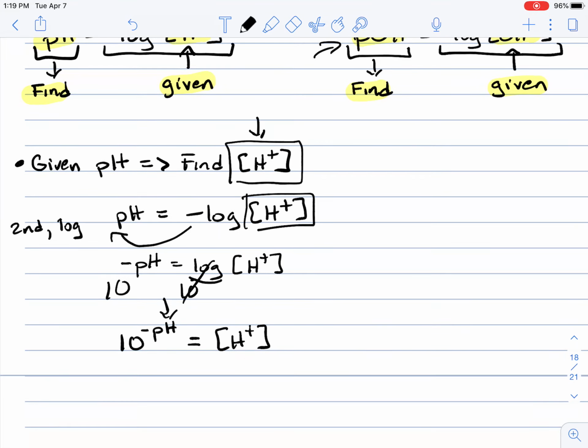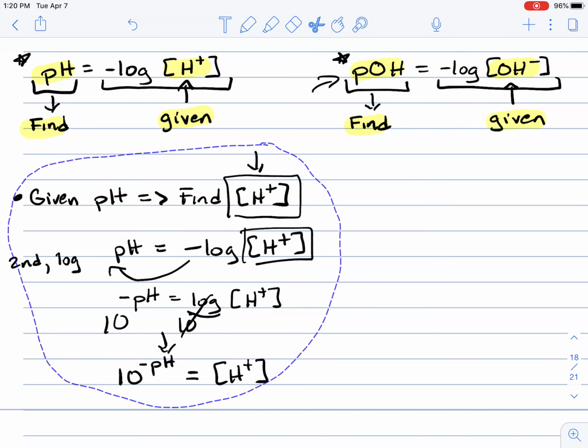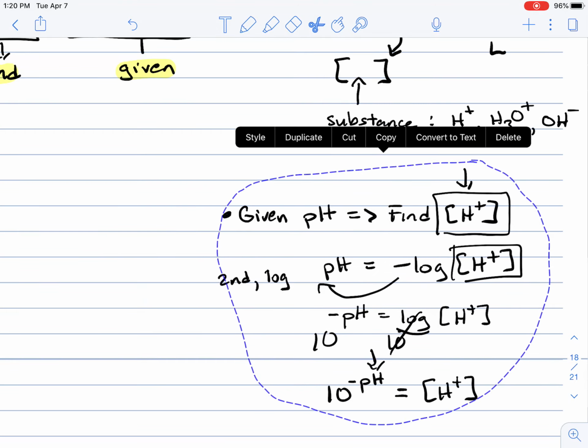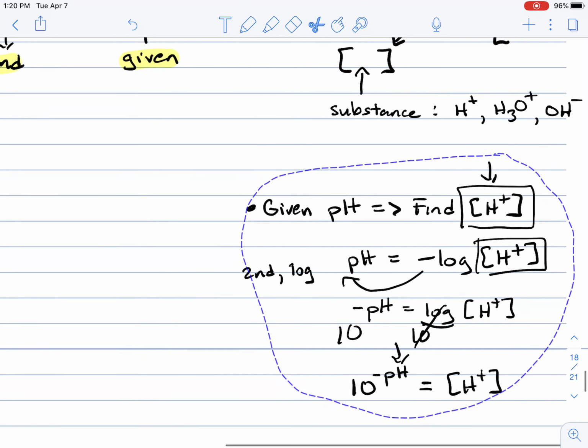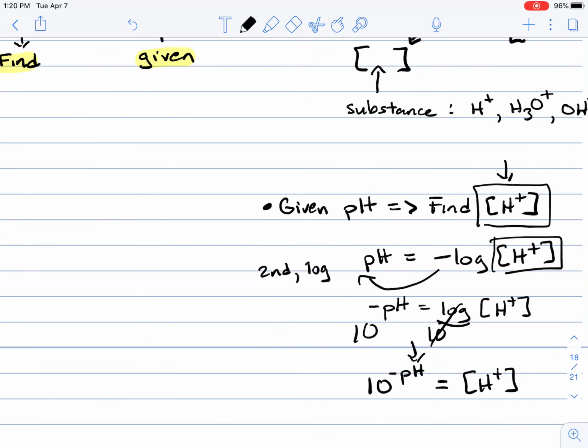I'm going to move this to the side because I wanted to get all of the equations in one slide. The result of this derivation produces this equation, where the concentration of the hydrogen ion is equal to base 10 to the negative pH.